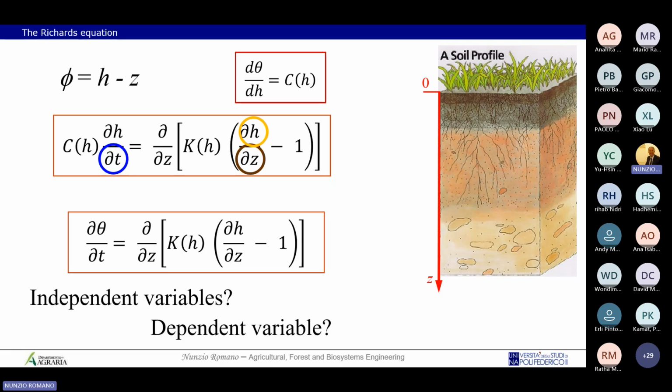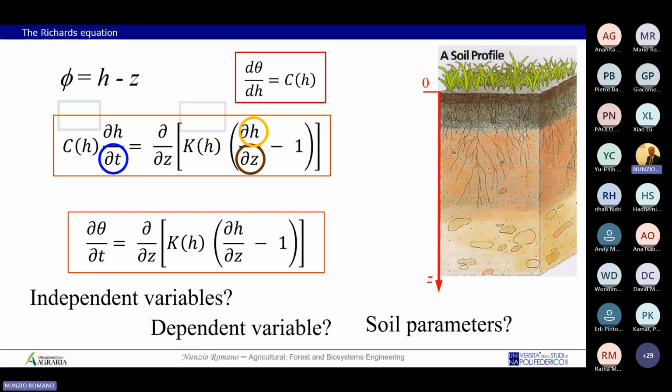But this depends on the type of soil. So what are the soil parameters in this equation? The soil parameters are the hydraulic conductivity, K, that depends on the matric potential, and the term C, as I mentioned before, the retention capacity of the soil, which is the derivative of the water content with respect to the matric potential.